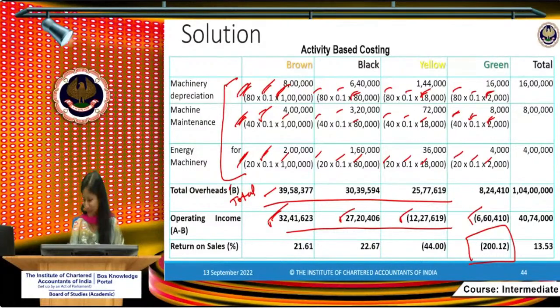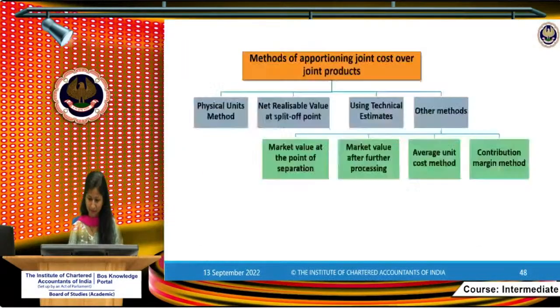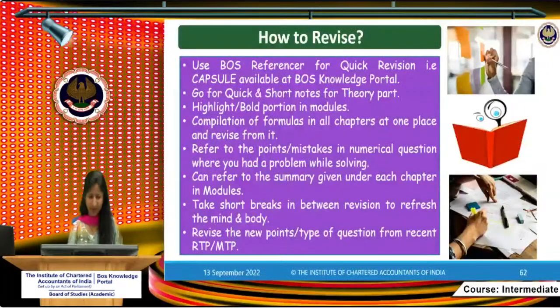So we would just go through certain tips, just frequent tips for an examination. How to revise? First you prepare, then only revise, not just directly jump to the revision portion. First practice, then only revise. And how to do the practice? You have so much reference material, you have the institute study material, institute mock test. Please attempt the mock test only after practicing.